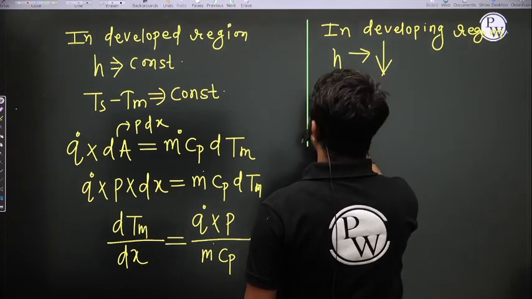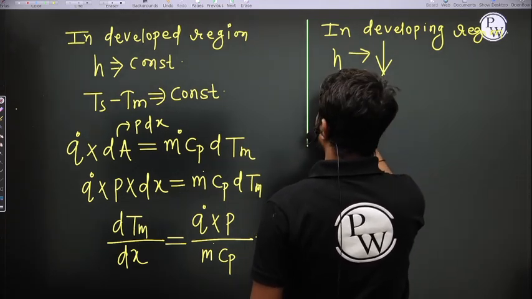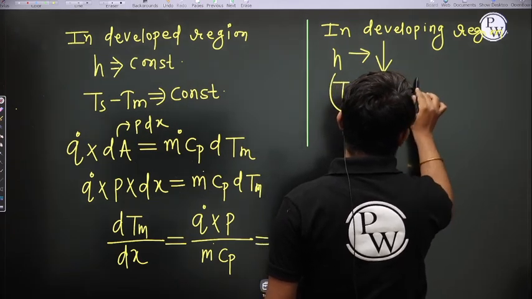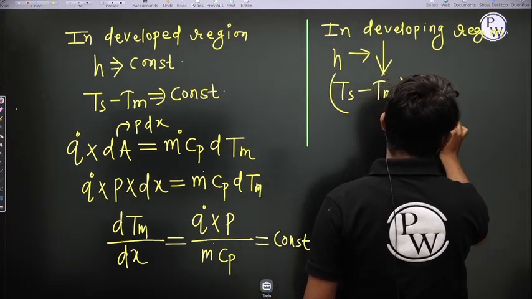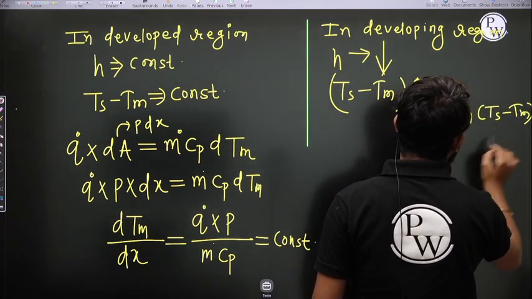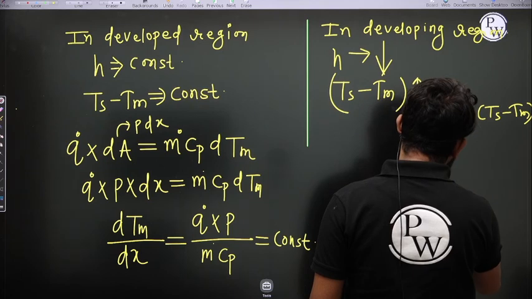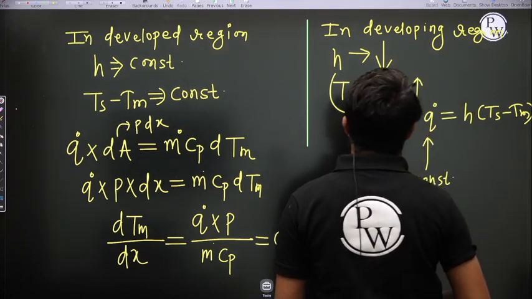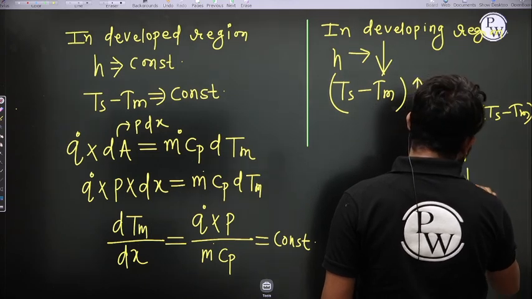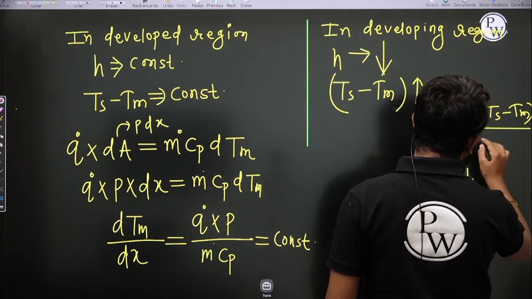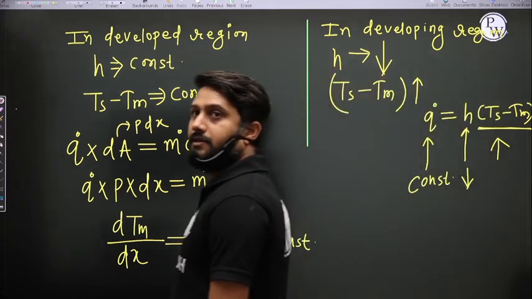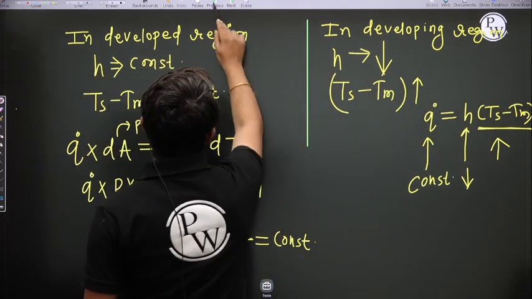So if H decreases, Ts minus Tm increases. Why does this increase? Because Q dot is equal to H into Ts minus Tm. This is the constant heat flux case, so Q dot should be constant. But in the developing region, H decreases, so Ts minus Tm should increase.